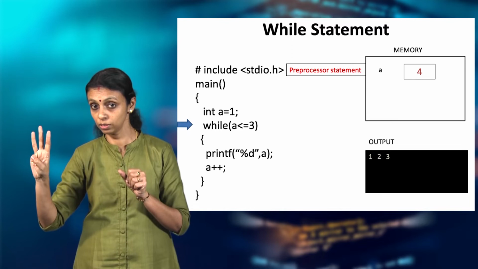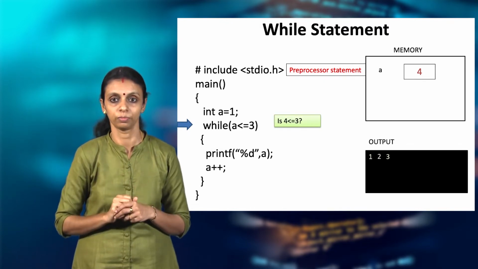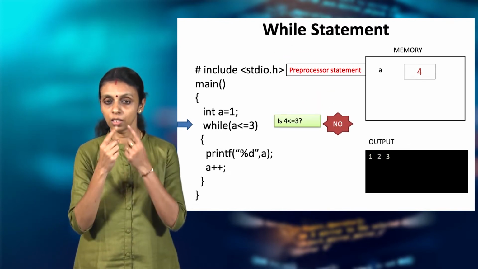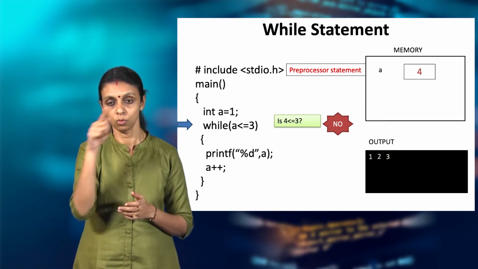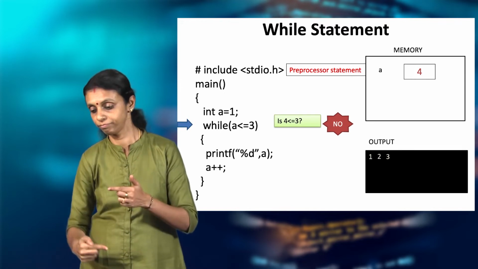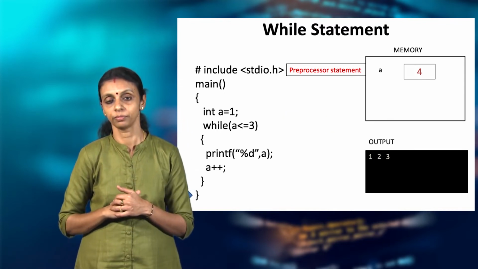Is A now less than or equal to 3? No. Now the condition is false. So it stops looping and comes out of while loop.